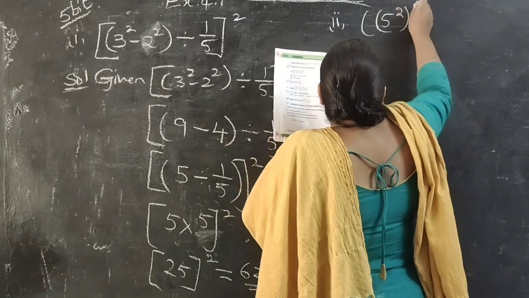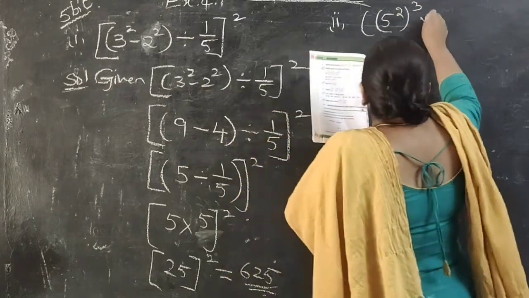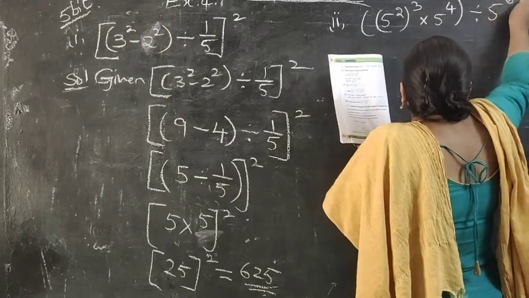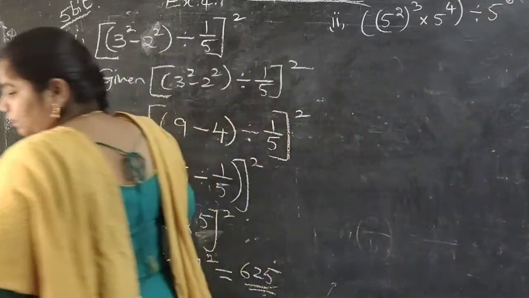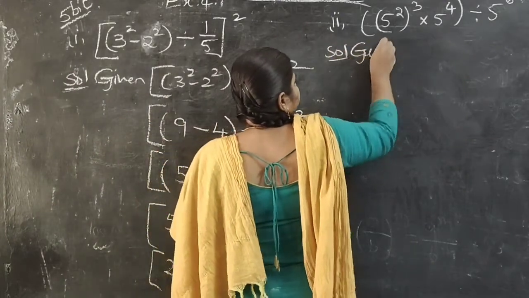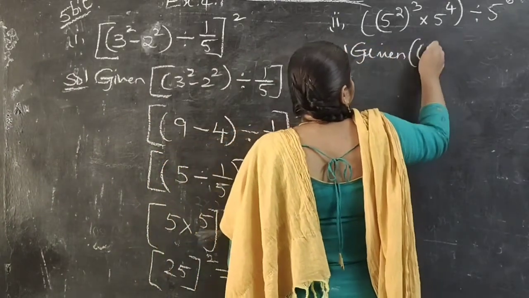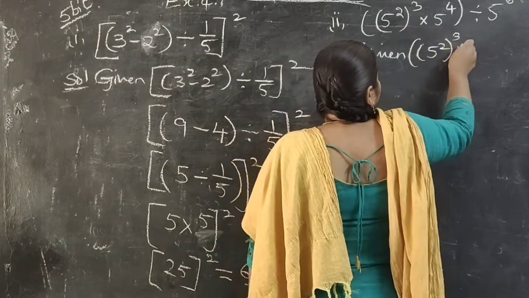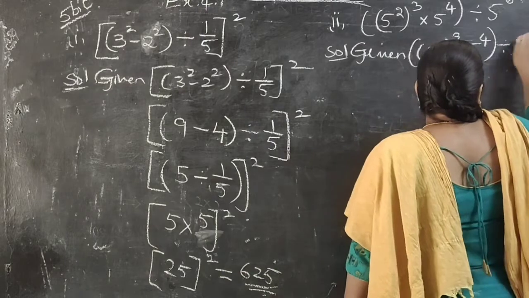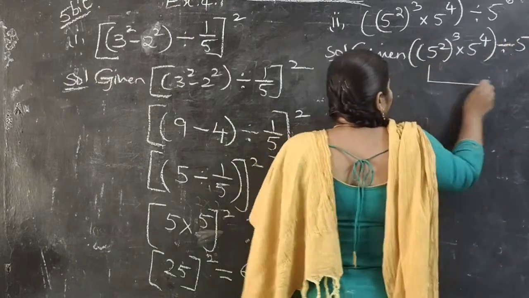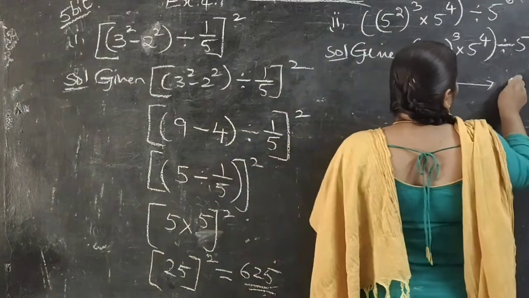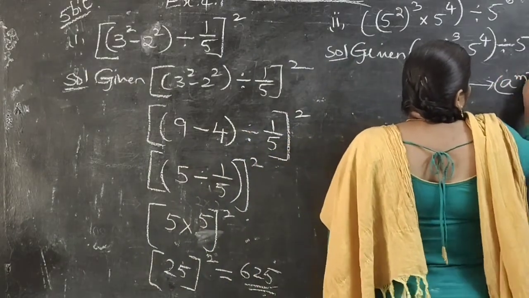Next one, 5 square whole cube into 5 power 4 divided by 5 power 6. So this value, that is 5 square whole power 3, is in the form of a power m whole power n.